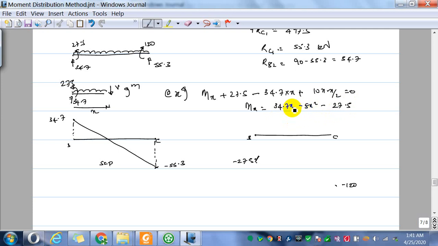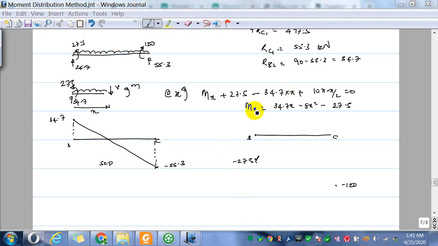If this bending moment diagram is going to cut this horizontal line, then when Mx is equal to 0, you will have two values for x. So let's do that.